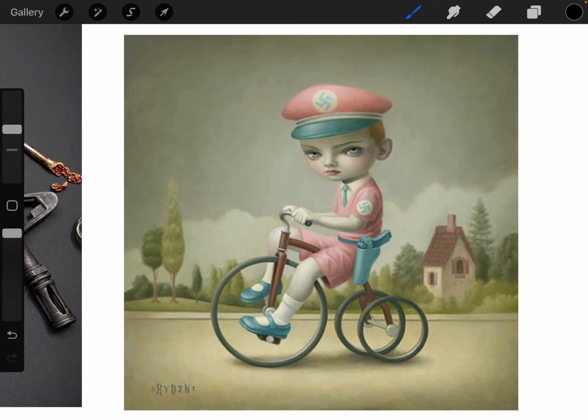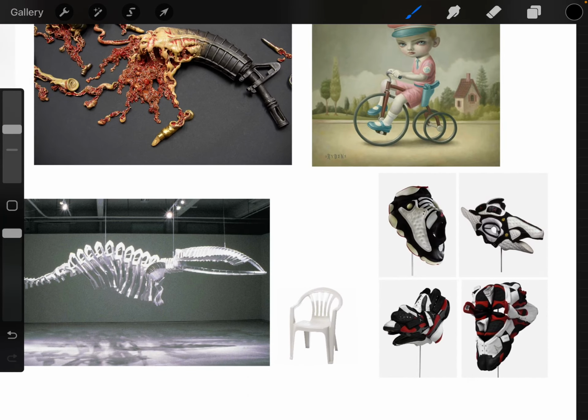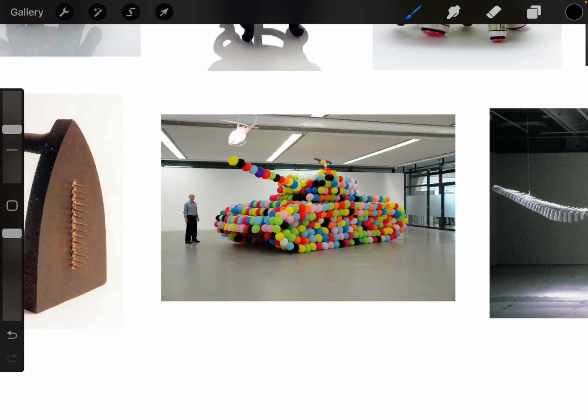So basically this is on the one hand cute, and on the other hand terrifying. So by combining something that looks a little bit innocent and something that is really dark, you can contrast those things, and that will also give you interesting art, right?